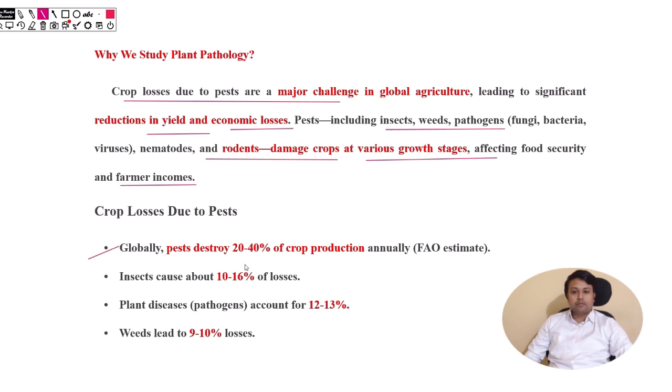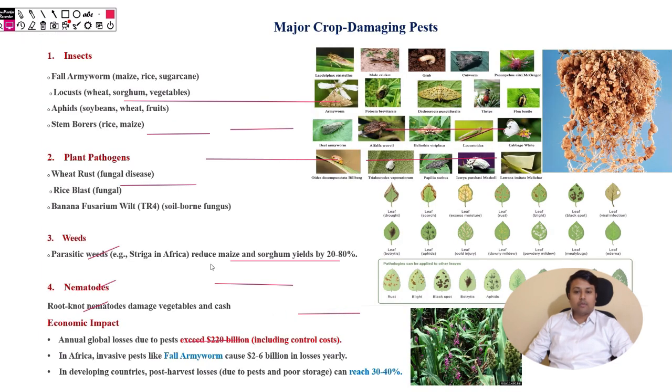Globally, pests destroy 20 to 40% of crop production, which means 20 to 40% is lost due to pests alone. Among pests, insects cause 10 to 16%, plant pathogens cause 12 to 13%, and weeds 9 to 10% losses.